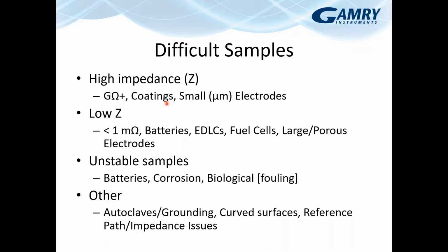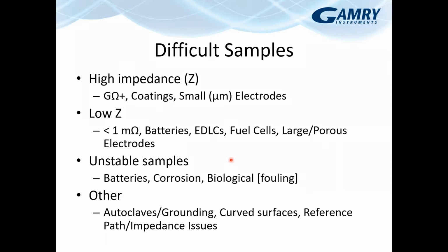But in terms of actual difficulty in making the measurement, it's when you get down into single-digit milliohms and microohms that things really get challenging. Systems that are in the low end of the impedance range are batteries, double layer capacitors, fuel cells, and very large or porous electrodes.